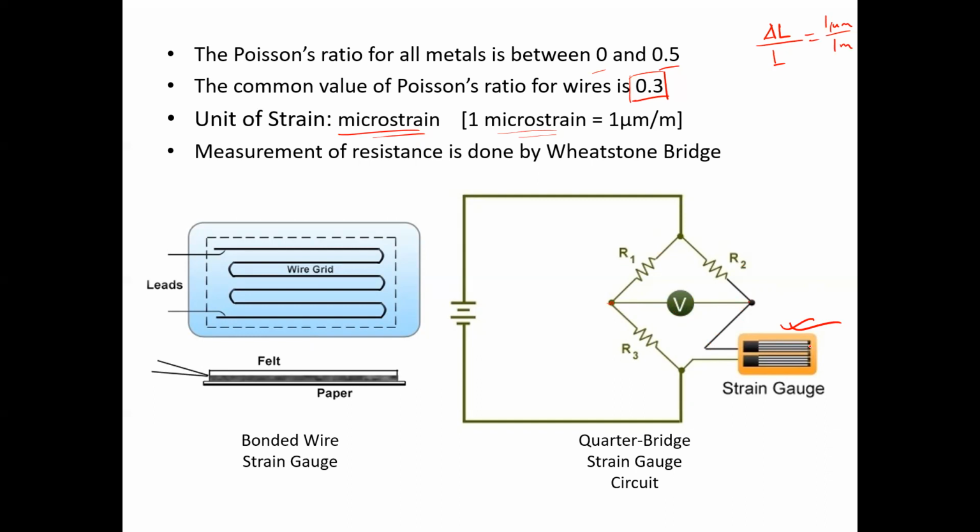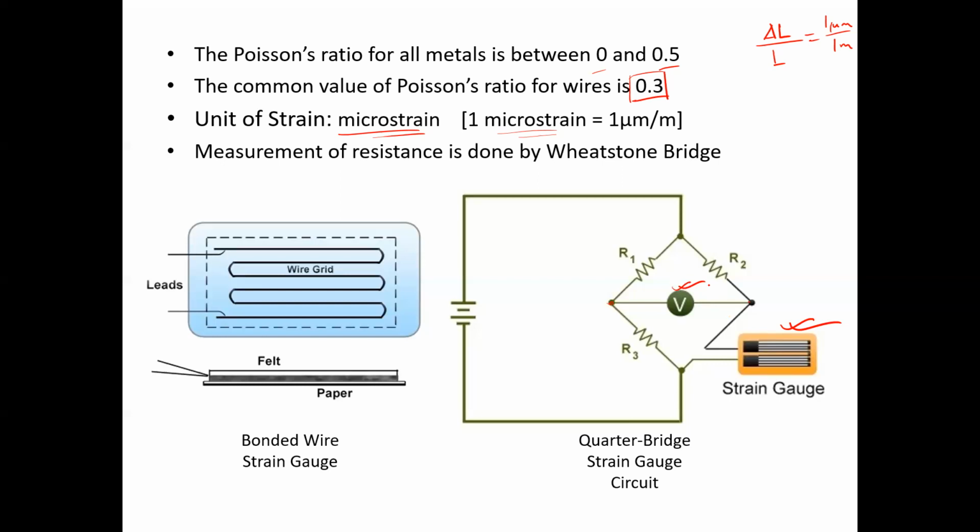However, if the strain gauge is experiencing some strain or force, its shape will be deformed, and that will cause a change in its resistance. Whenever there is a change in the resistance, the unbalance caused by it means the voltmeter is no longer going to give you 0.